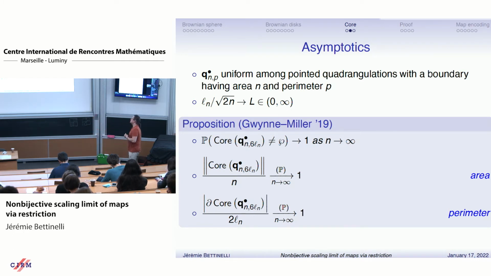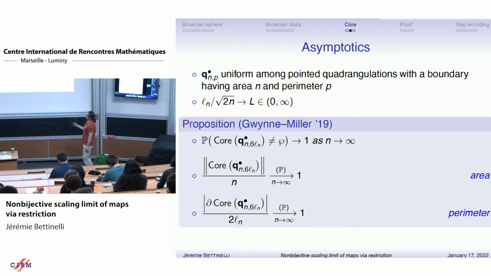We know some asymptotics about this. Here I don't have a tilde, so it's a quadrangulation with n faces and boundary length t, but the boundary is not simple. Then the perimeter, so the boundary length, I ask it to be in the regime root n.